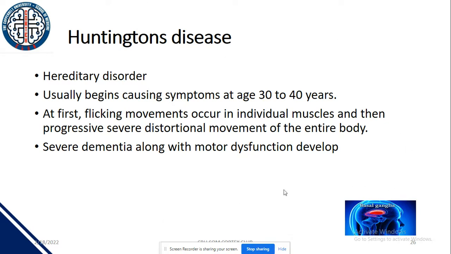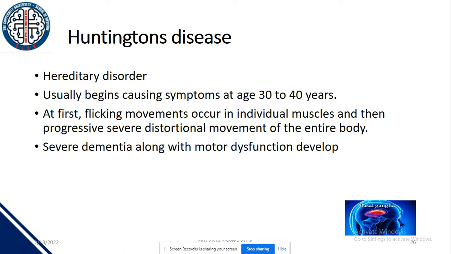So having done with Parkinson's disease, we can look at Huntington's disease. Huntington's disease is a hereditary disorder. It usually begins causing symptoms at the age of 30 to 40 years.